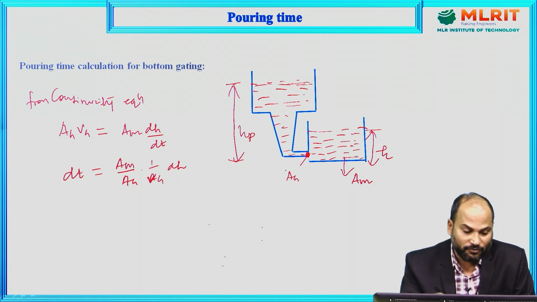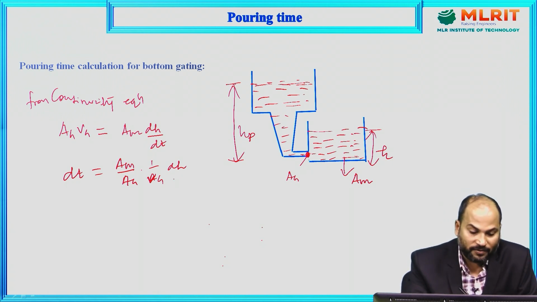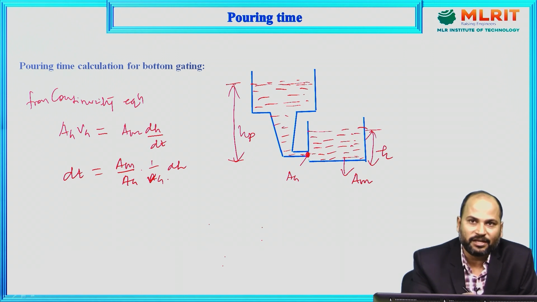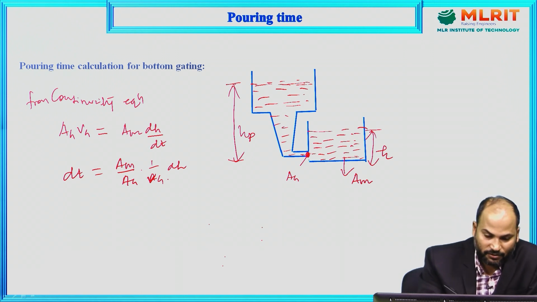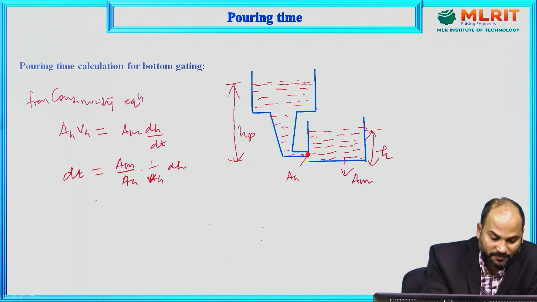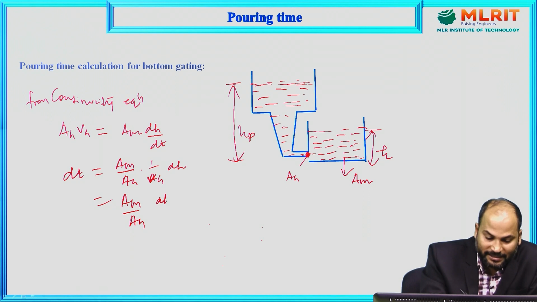So what we will have to do is find out the relation, meaning how to convert this VG in terms of h, so that we can solve this particular expression. First we will bring this expression, AM upon AG, and dH upon VG.